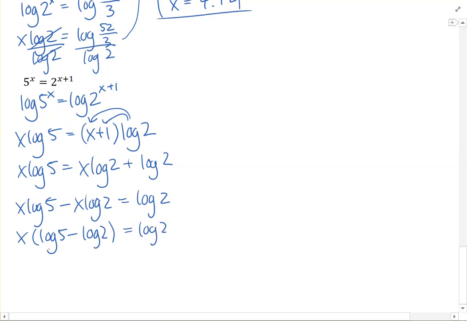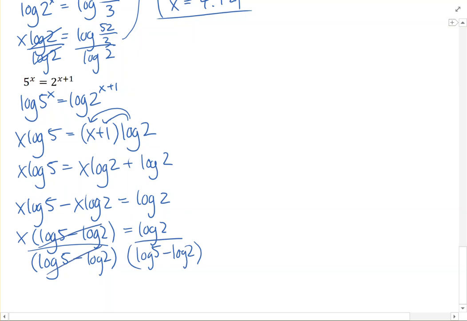And to get the x by itself, we'll have to divide both sides by log 5 minus log 2. So these are gone. I'm going to draw an arrow again: x equals log 2 divided by log 5 minus log 2.